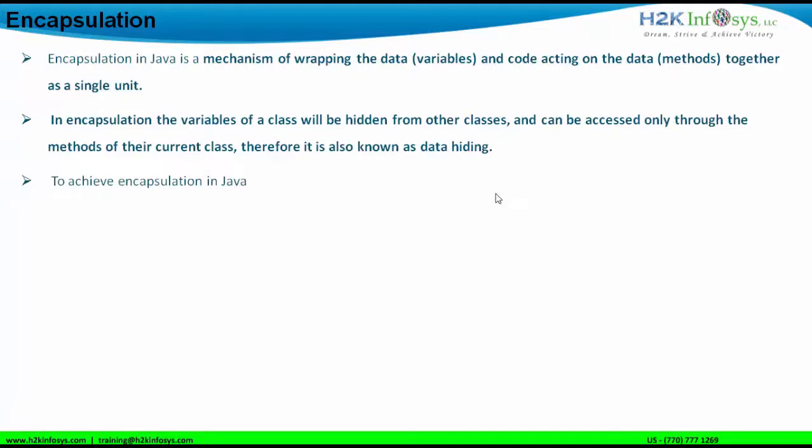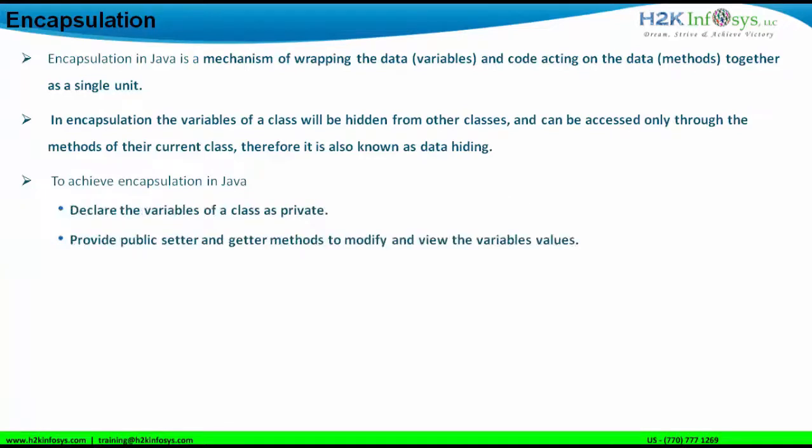To achieve encapsulation in Java, what do we do? We first declare the variables of a class as private. So we define the variables of a class as private and provide public setter and getter methods. This is very important. Provide public access specifier setter and getter methods to modify and view the variable values.